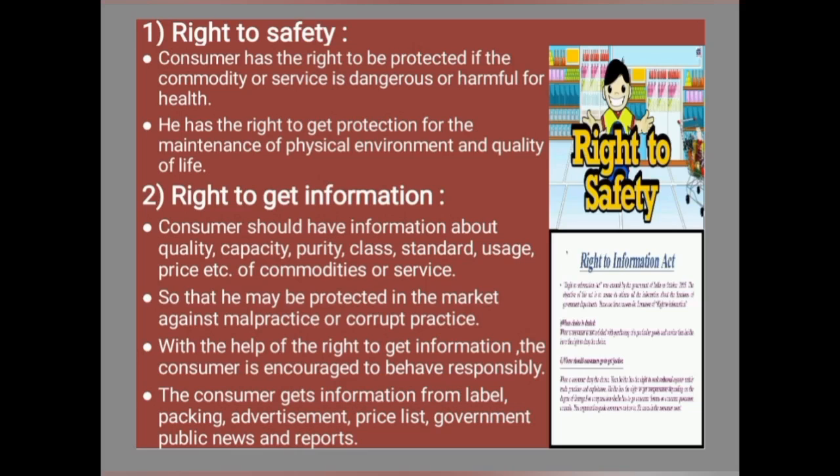Second, right to get information. The consumer should have information about quality, quantity, capacity, purity, class, standard, usage, price, etc. of commodities or services so that he may be protected in the market against malpractices or corrupt practices with the help of the right to information.